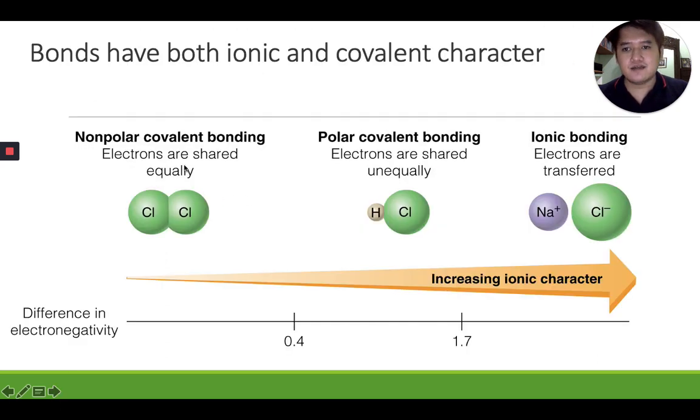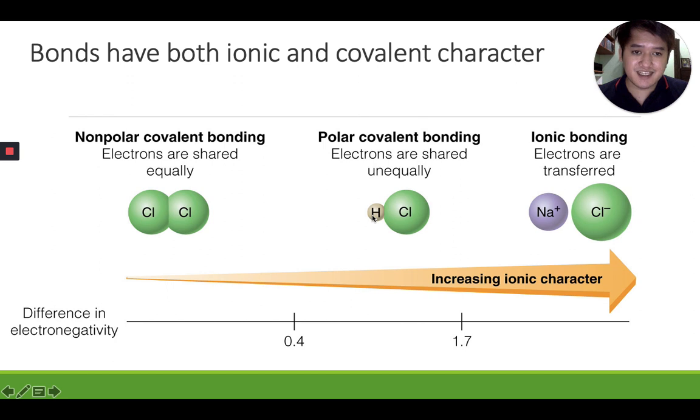In nonpolar covalent bonding, the electrons are shared equally, most significantly in diatomic molecules, for example Cl2, chlorine gas. Electrons are being shared here equally. For polar covalent bonding, maybe one atom is more electronegative than the other.